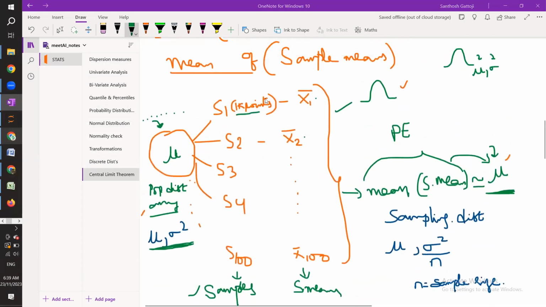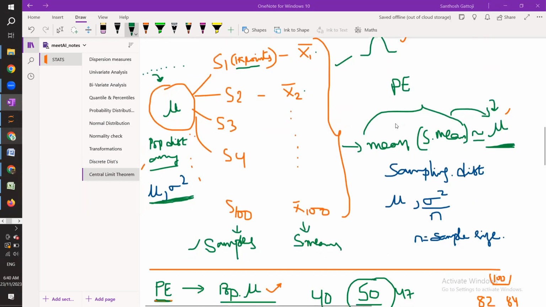That means taking multiple samples from the same population and calculating the mean of each of these samples. These sample means make up the sampling distribution. And we also understood that this sampling distribution will follow a normal distribution curve.